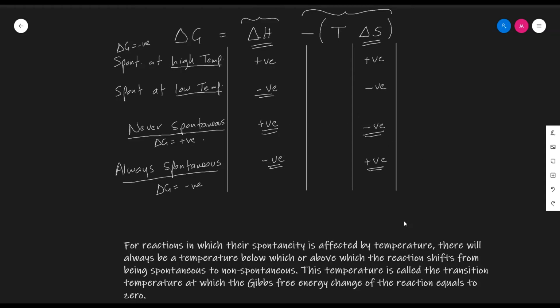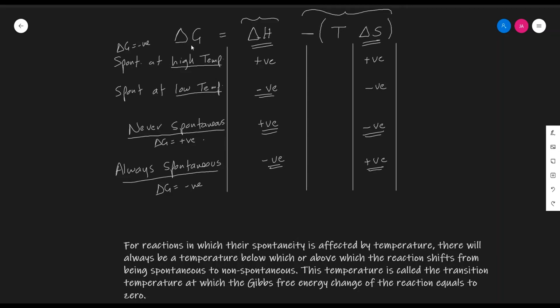For example, if we were to take the first example, which is spontaneous at high temperatures, thus the delta G value would be negative at high temperatures. Therefore, if the temperature is decreased gradually, eventually the sign of delta G would flip to being positive, and the reaction at a certain temperature would be rendered non-spontaneous at low temperatures.